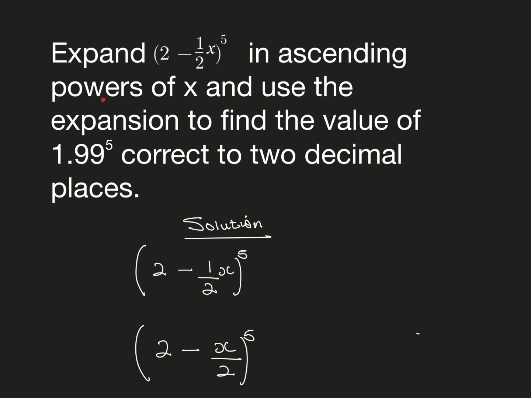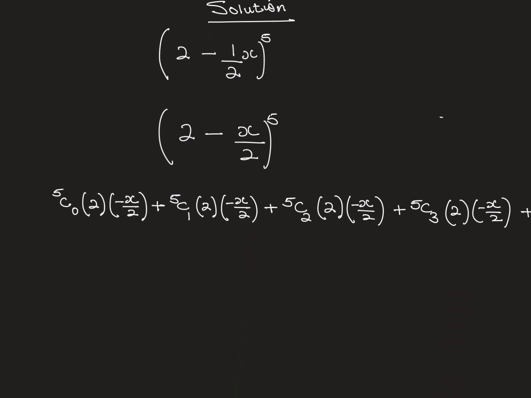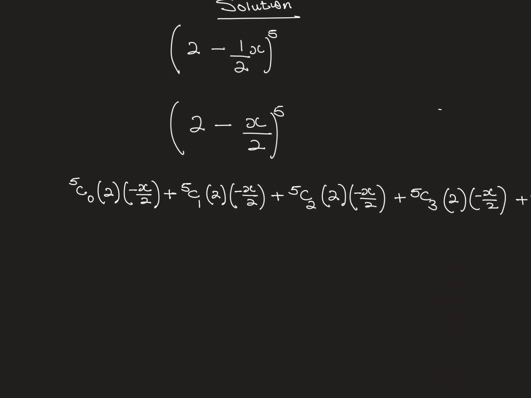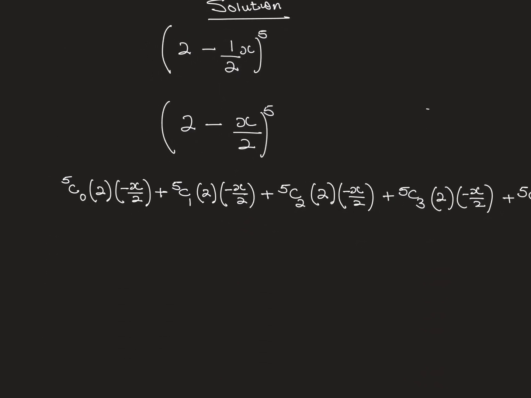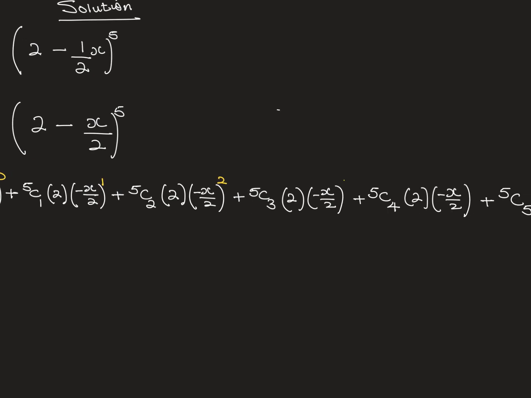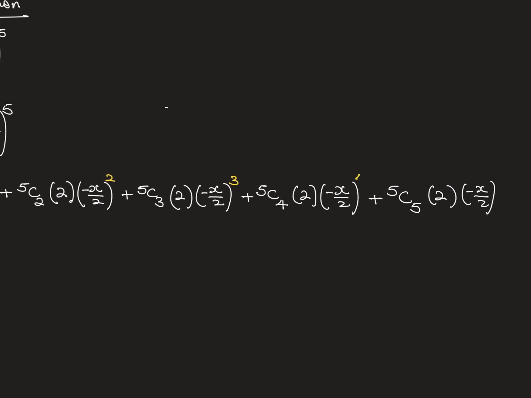So it has to start from a lower value going in ascending order to the maximum power. So we will start with x from 0 going to 5. So where do we have x? We have x here. So this will be 0, 1, 2, 3, 4, and 5.